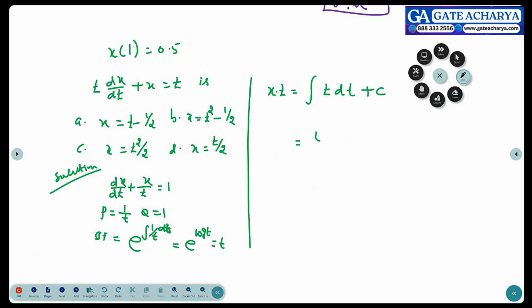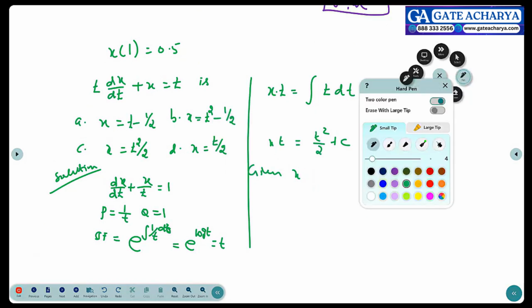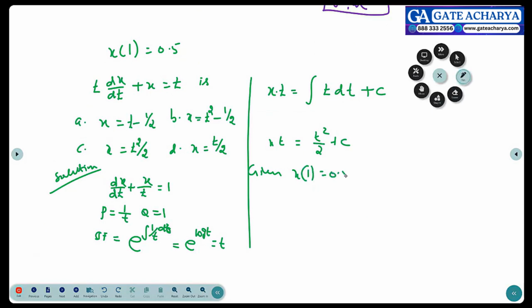So that is t square by 2 plus c. So xt is equal to t square by 2 plus c. The initial condition is also given: x of 1 is equal to 0.5. What is the meaning? When t is equal to 1, the x value is 0.5.